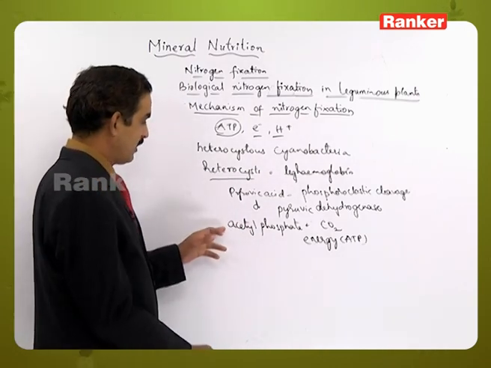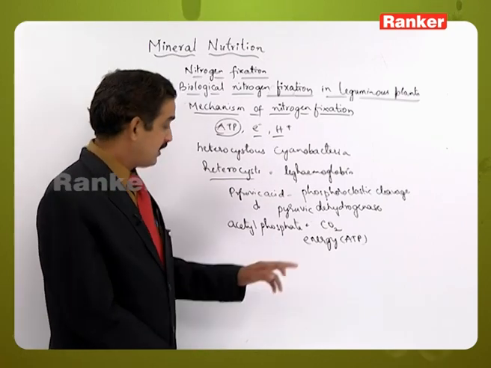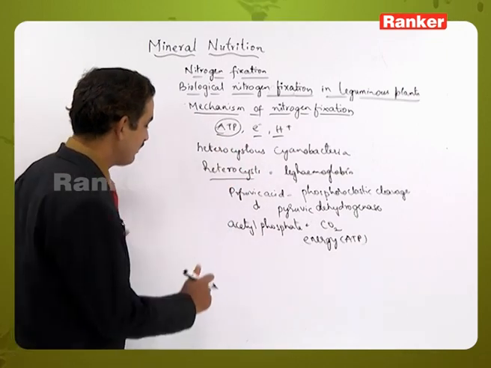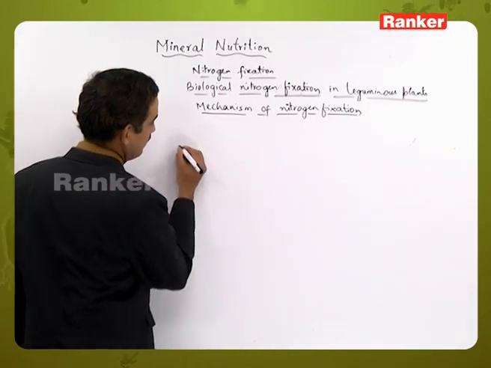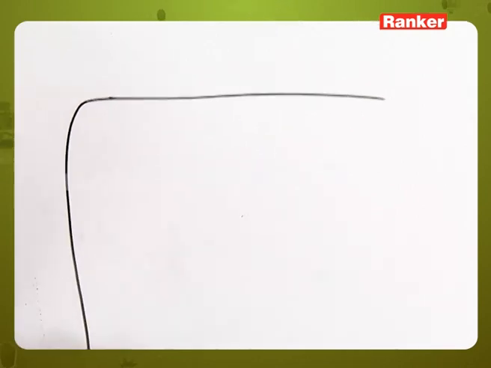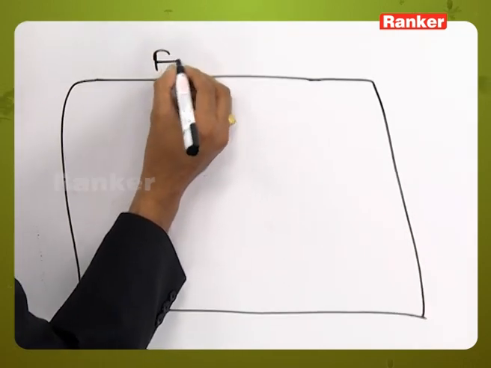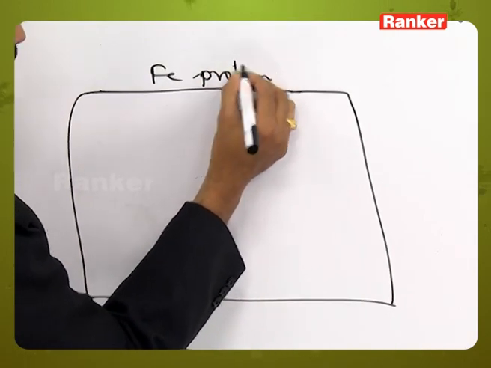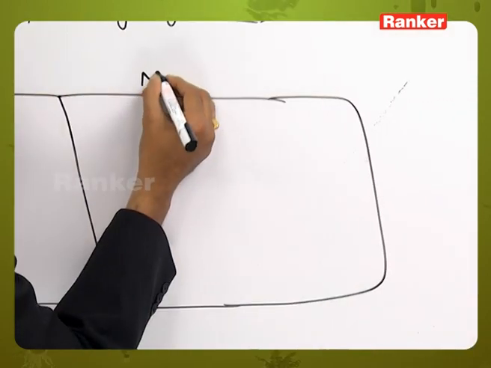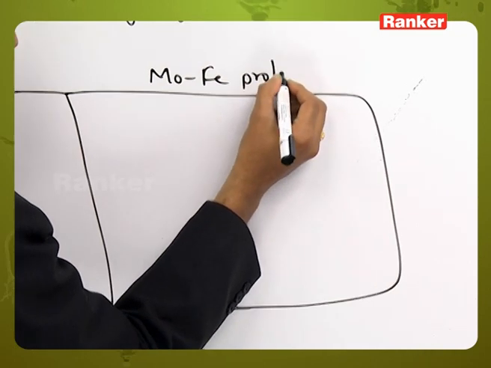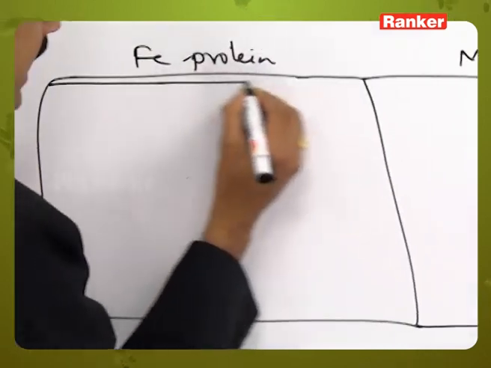Likewise, the dinitrogenase utilizes the energy, which first enters the iron protein part. Here you see the organization of the structure of the nitrogenase or dinitrogenase enzyme. This is the iron protein part, and this is the molybdenum iron protein part. As a result of phosphoroclastic cleavage, energy is released.